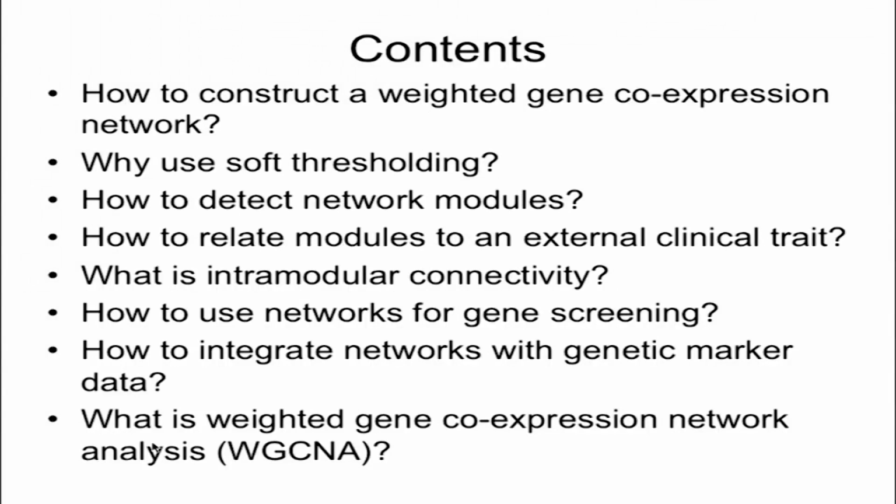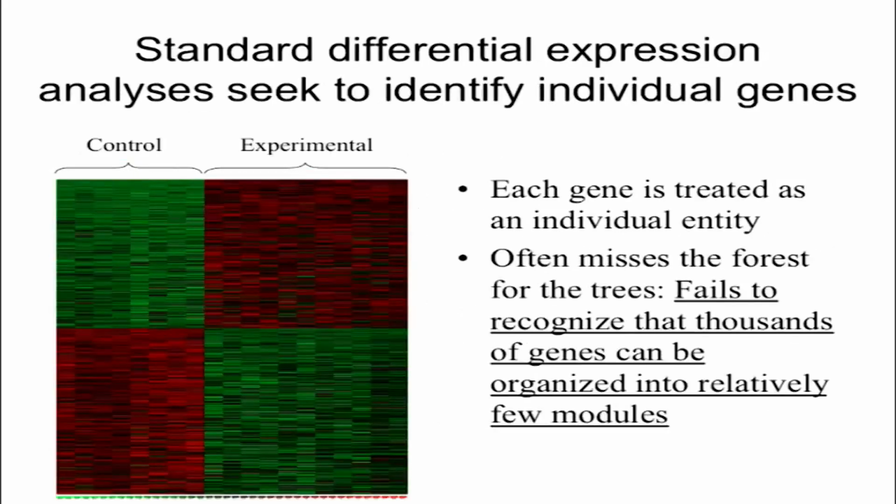Remember what a standard differential expression analysis does. Imagine you study 50,000 genes, which may correspond to the rows here, and there are two conditions, control condition versus an experimental perturbation.